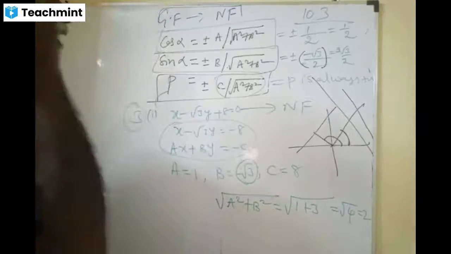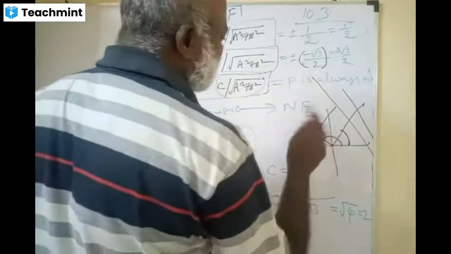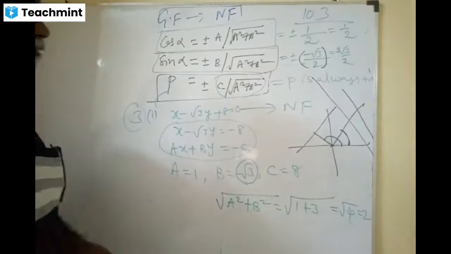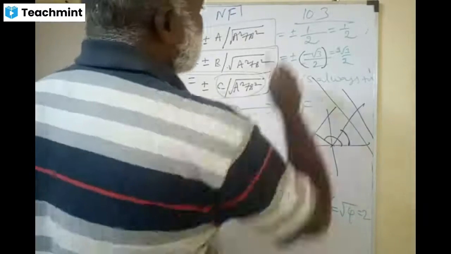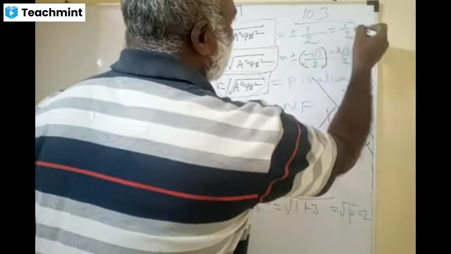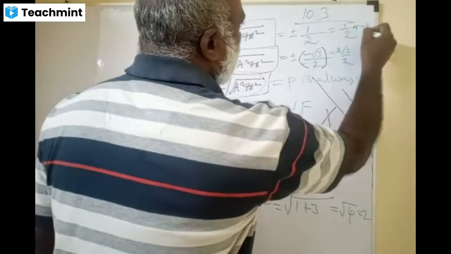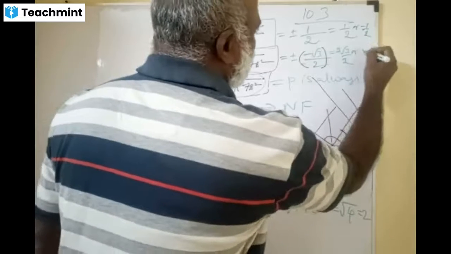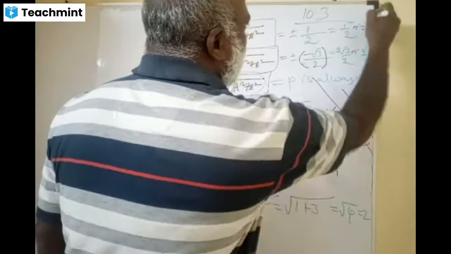Therefore, friends, you restrict yourself to the first and second quadrant, please. So you take this as a minus, this as a minus, then it becomes minus 1 by 2. And you take a minus here, minus into minus, plus 1 by 2, plus root 3 by 2. Now this will work.